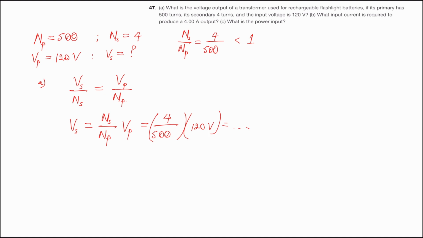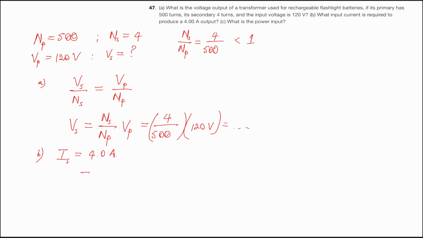This time around, they tell us that the output current, in other words, the current on the secondary side, the desired target, is 4.0 amperes. They ask us what must be the initial, the input, or the primary.